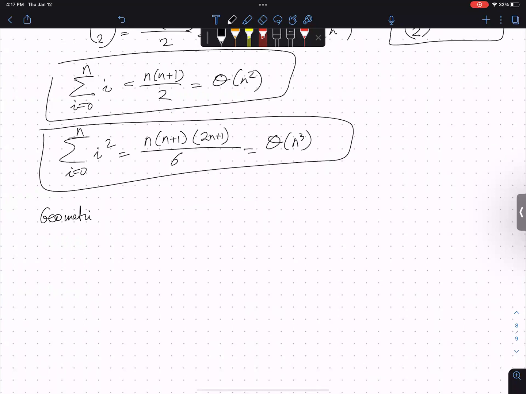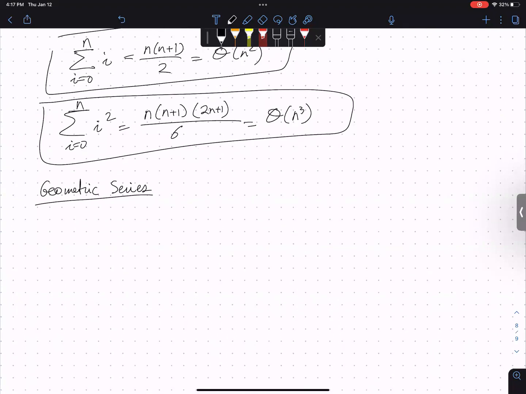Finally, you might see geometric series. The geometric series is, for example, 0.5 plus 0.5 squared plus 0.5 cubed plus up to 0.5 to the power of n.